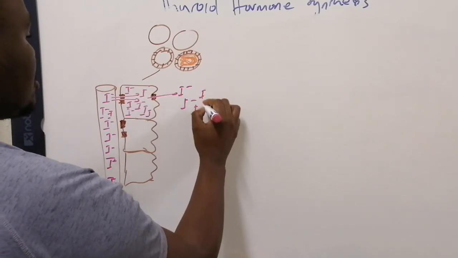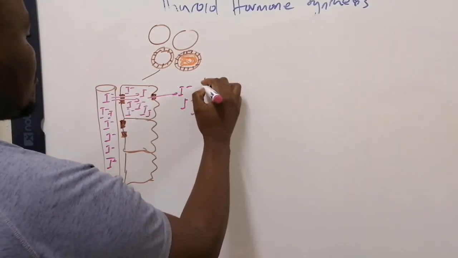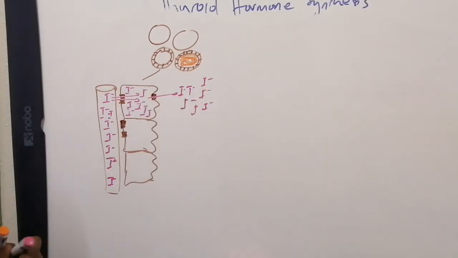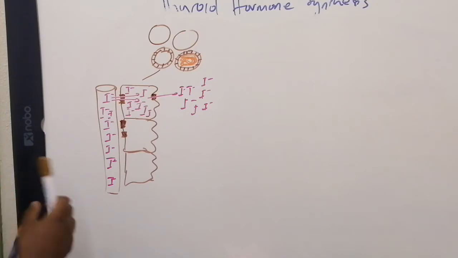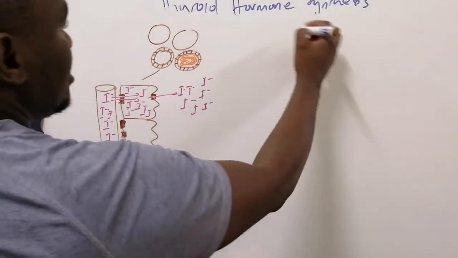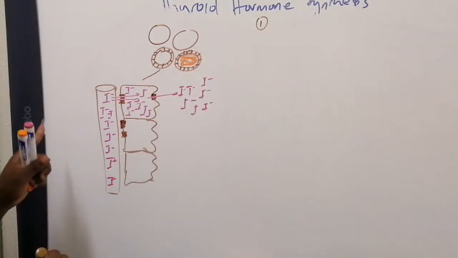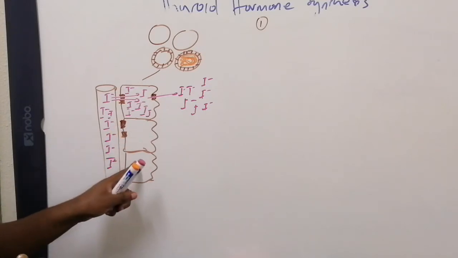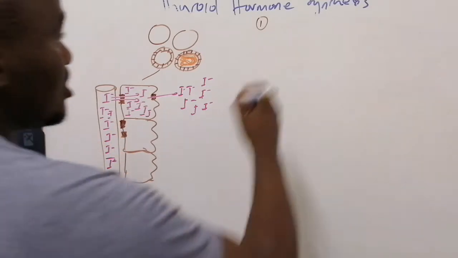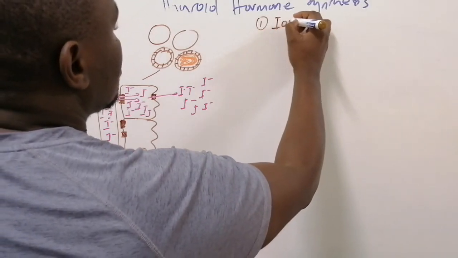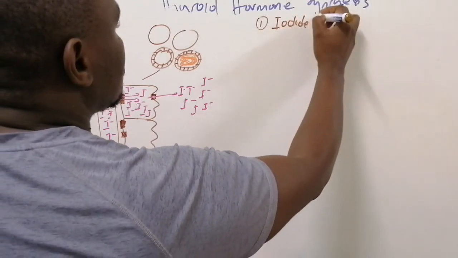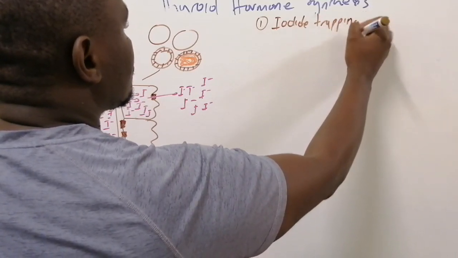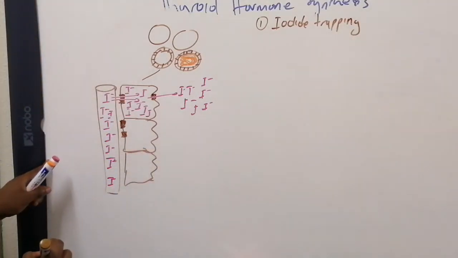Now we have managed to take our iodide ions from the circulation into the colloid, right? So the first step in thyroid hormone synthesis is to get the iodide into the cells, and that's called iodide trapping. That's the first one.